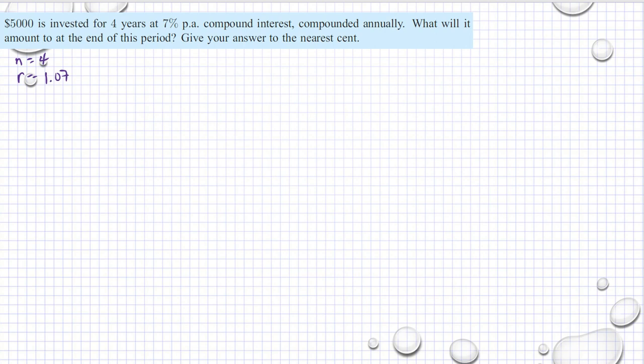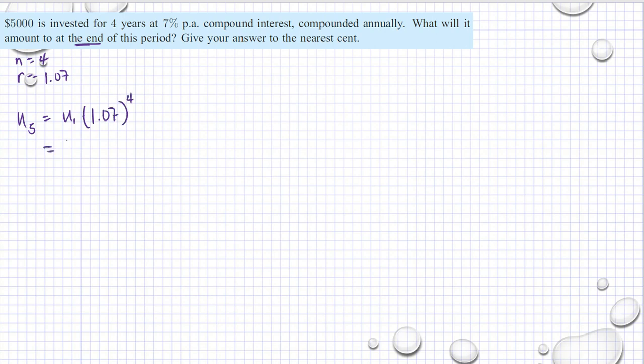And now our u sub n plus 1, that is u sub 5, because after 4 years we have u sub 1 multiplied by r, 1.07 raised to 4.